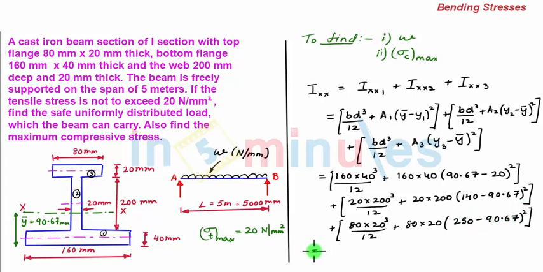Upon solving, we get the value of Ixx as 96.54 into 10 to the power 6 mm to the power 4.